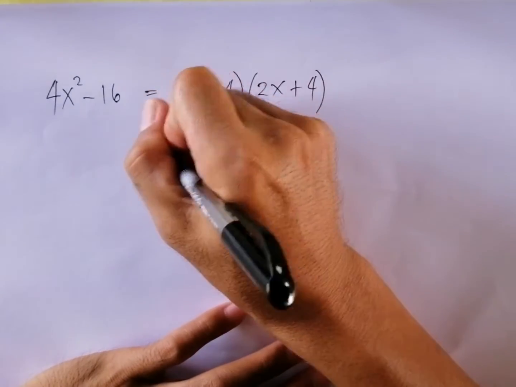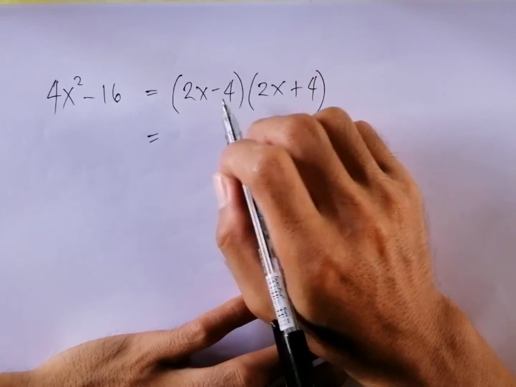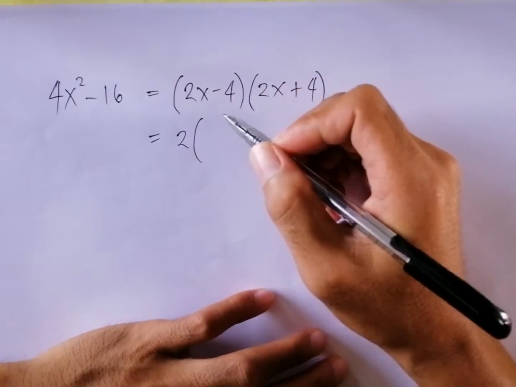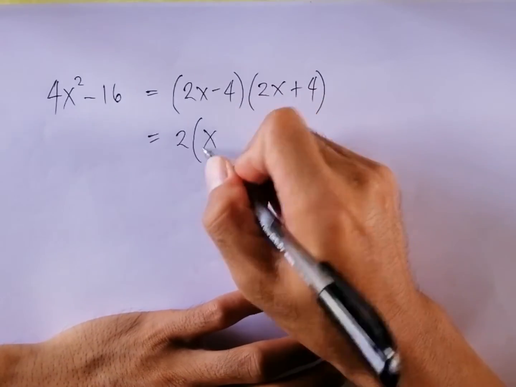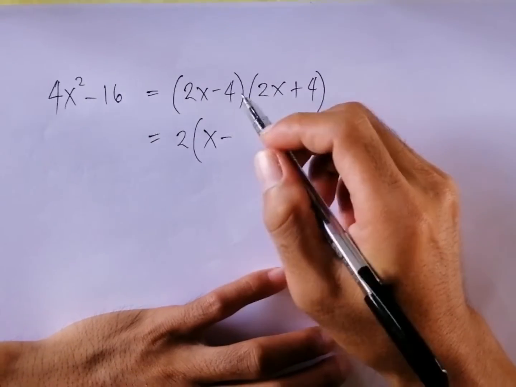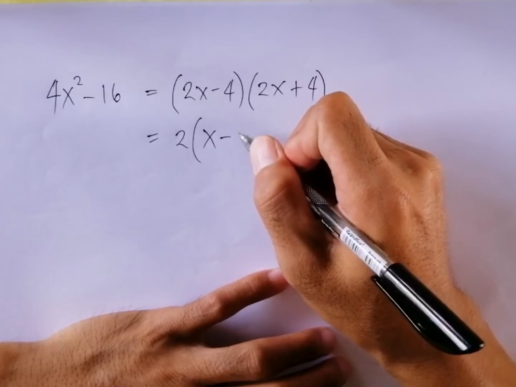Next, factoring the greatest common monomial factor for 2 and 4, that is 2. So 2 divided by 2, that is 1 times x, we have x minus 4 divided by 2, that is 2.